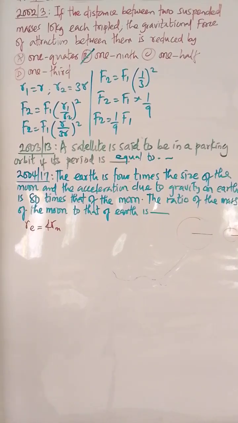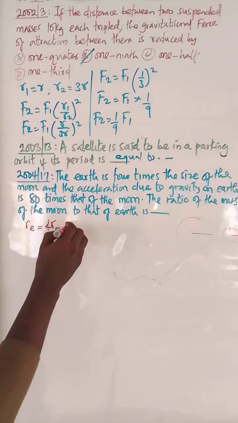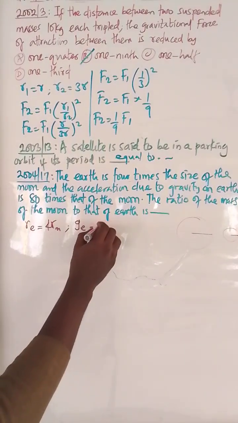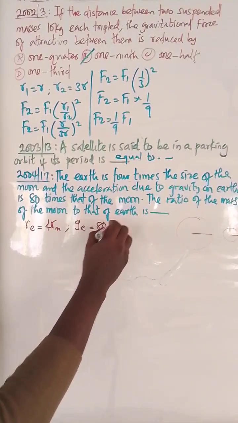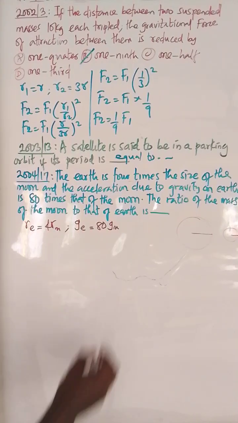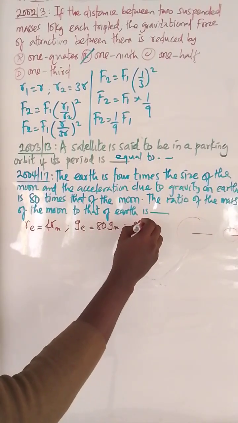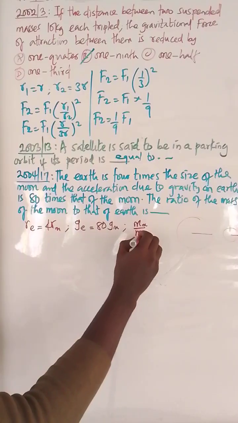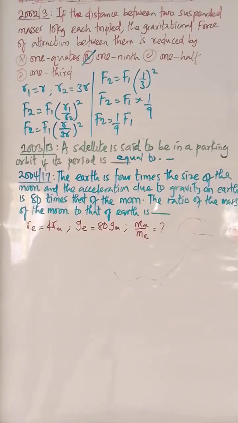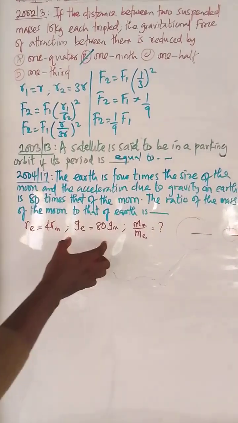And the acceleration due to gravity on Earth, that's g on Earth, is 80 times that of the Moon, 80 g Moon. Question is, the ratio of the mass of the Moon to that of Earth is, you are looking for M Moon over M Earth.